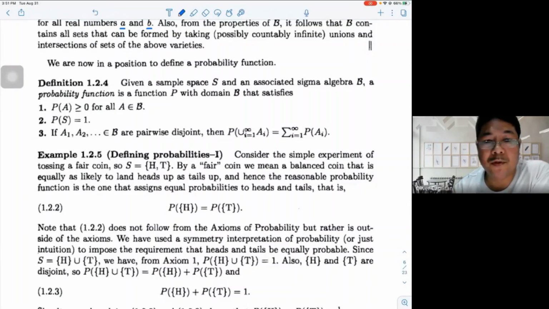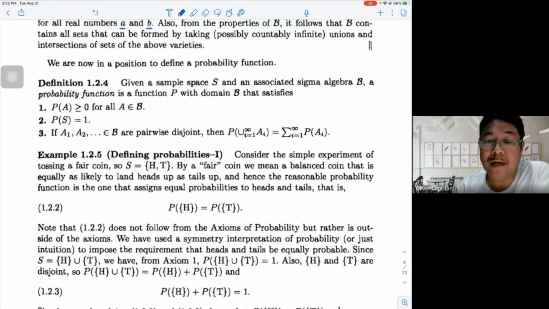It is also true that it satisfies the axiom of finite additivity. For example, we have the finite union of A sub i from 1 up to a particular n, in which A sub 1, A sub 2, up to A sub n are elements of script B and are pairwise disjoint.